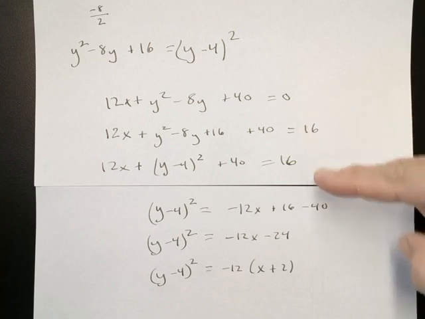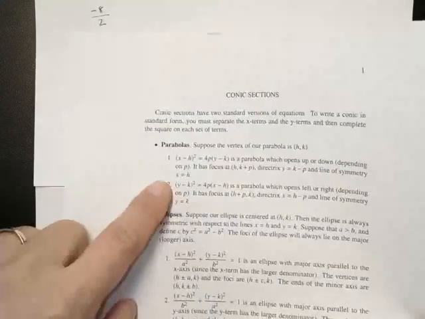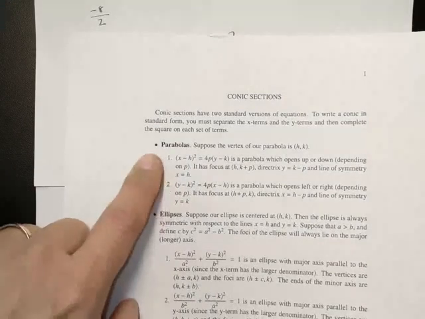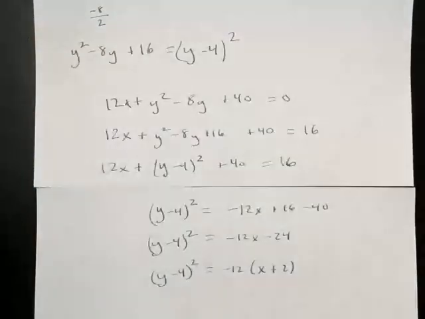I need to do this work to make the equation look like what I want it to look like. I have to do the completing the square to be able to use the properties I know on my formula sheet. My formula sheet only shows me the completed equations. So I have to make it look like that.